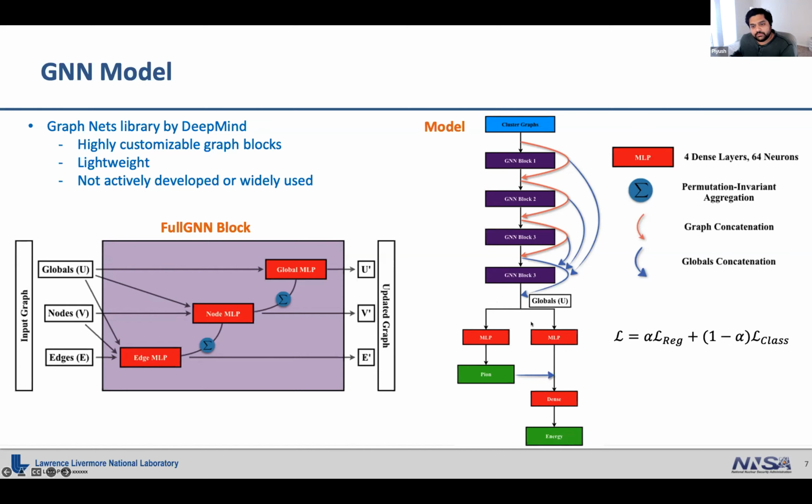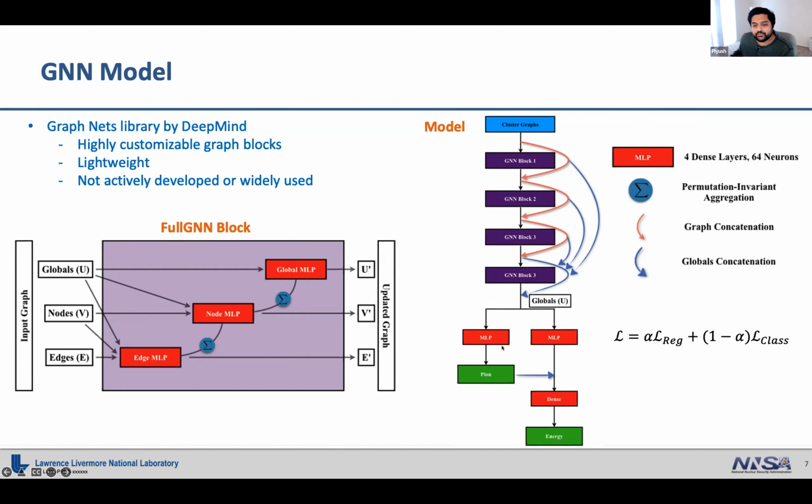After the data has been passed through the GNN blocks, we only use the global readout, the global feature at the output of the last GNN block, and pass it through an MLP first to predict what type of pion it was. Was it a charged or a neutral pion?